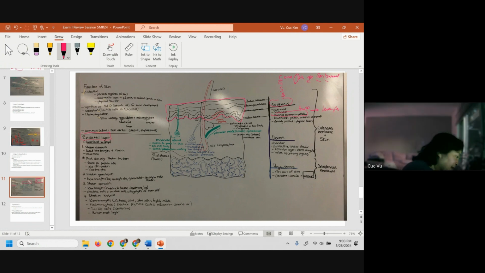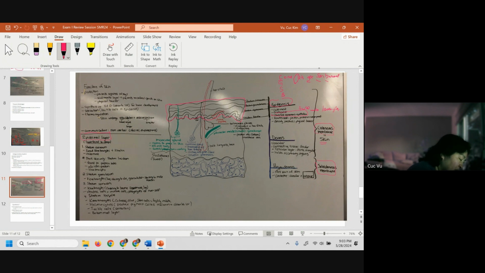Perfect. So in the hypodermis, now keep in mind that the hypodermis is not a part of the skin, okay? The hypodermis is part of the subcutaneous membrane, which is different from the skin because the skin is the cutaneous membrane. Okay?